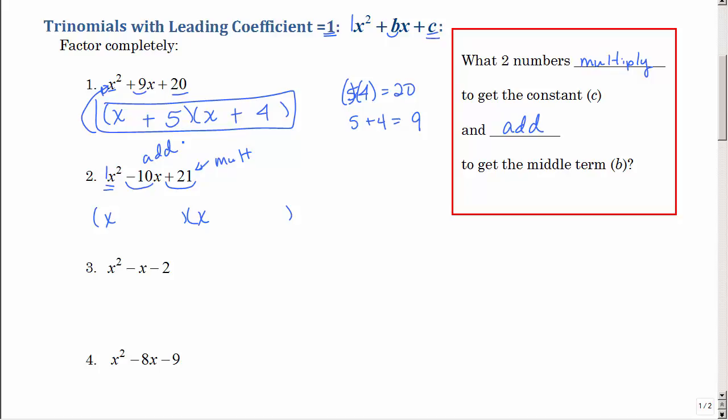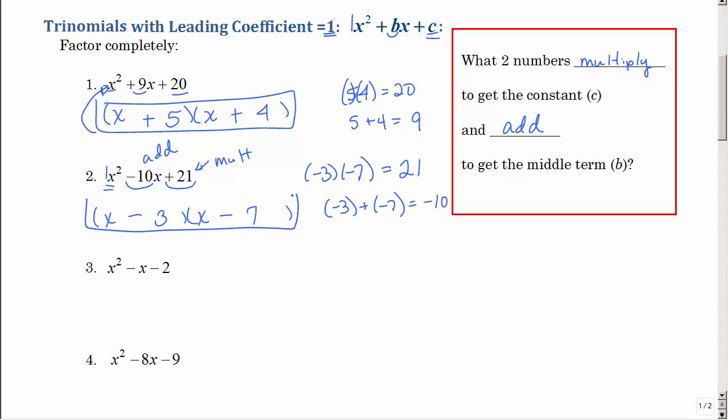Well, the only way you're going to add to get something negative, yet multiply to get positive, is if they're both negative, and 3 times 7 should do it. Negative 3 times negative 7 is positive 21, and negative 3 plus a negative 7 is negative 10. Again, knowing your multiplication tables is very important.